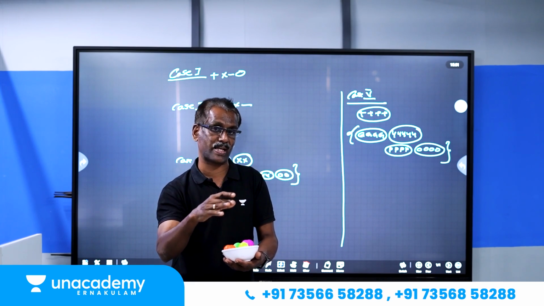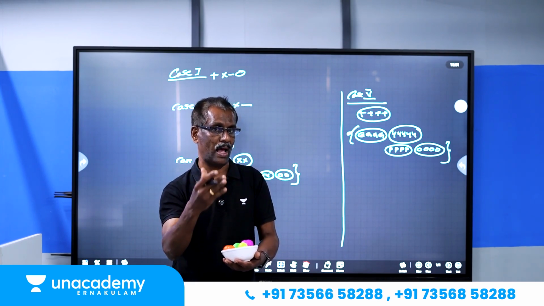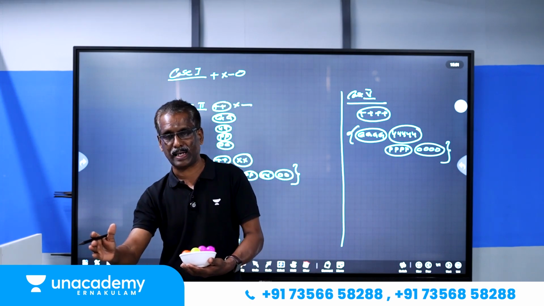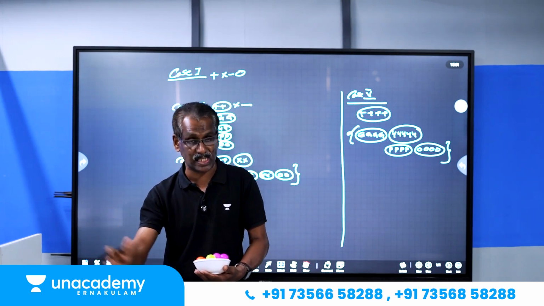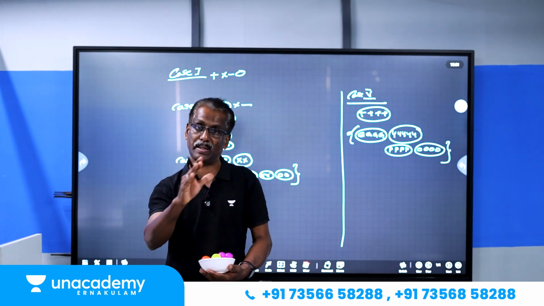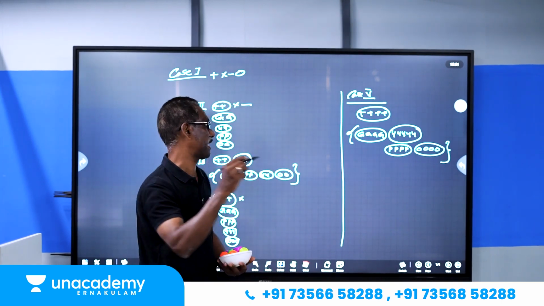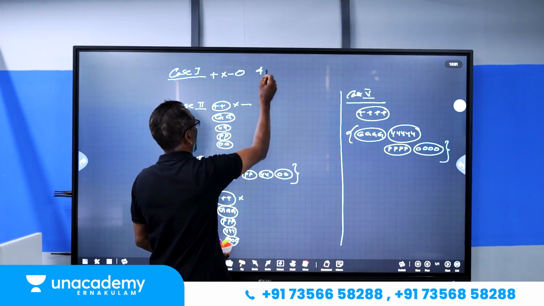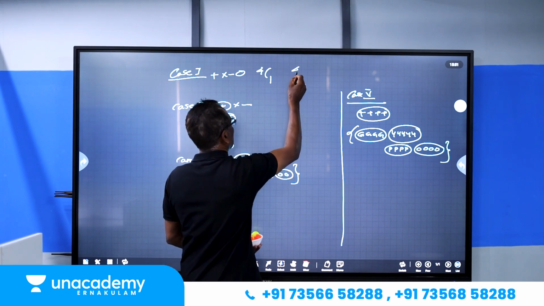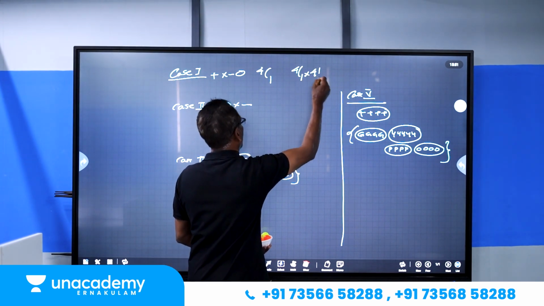So number of selections equal to 4C4. After which, permute. If there are 4 distinct letters in your name, how many ways of arrangement? That is 4 factorial. So the first case is selection, permutation, 4C4 into 4 factorial.